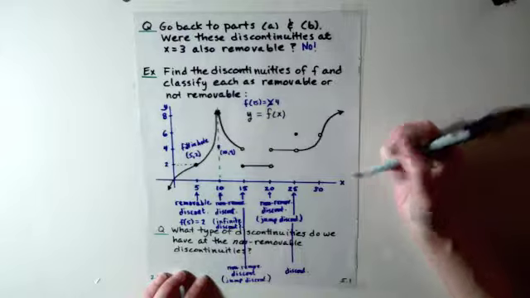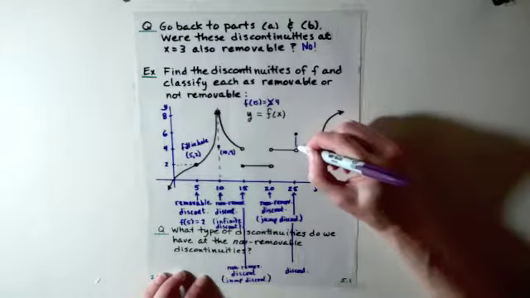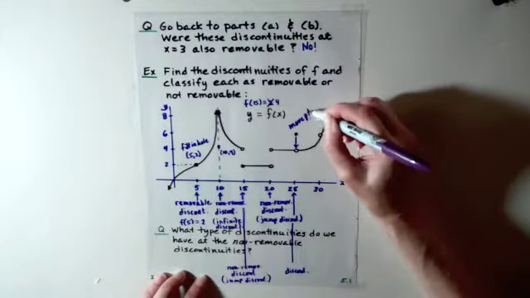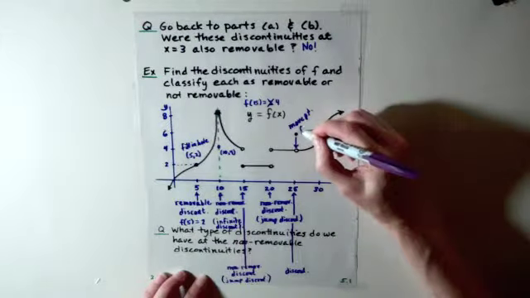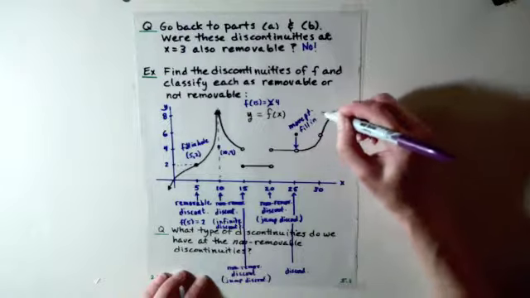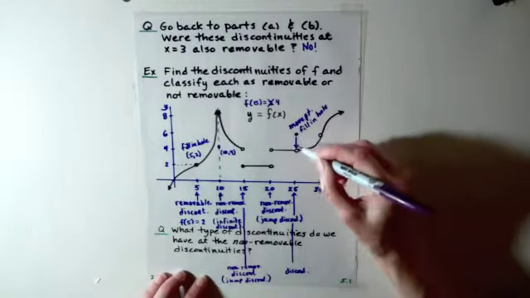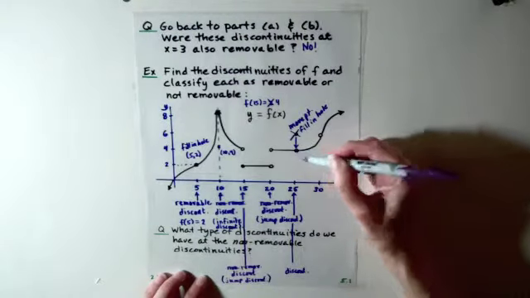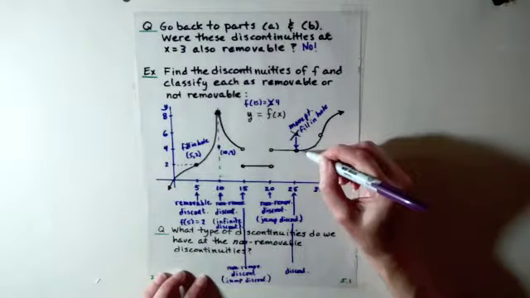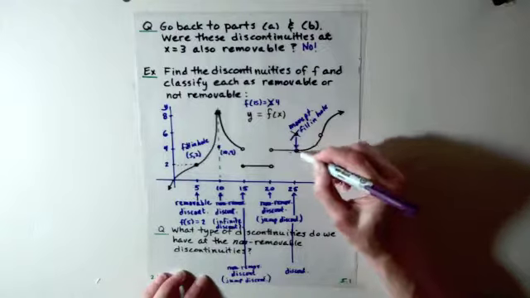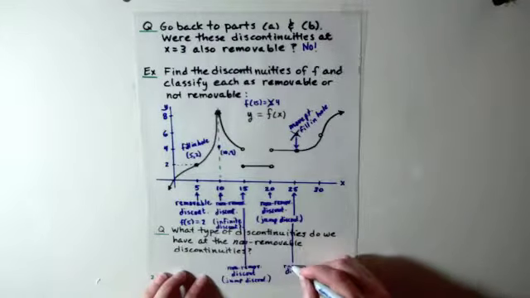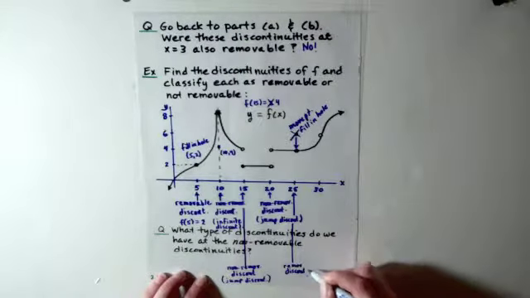Well, in this case I could. I could move this one dot down and it would fill in the hole. If I just moved this dot down, got rid of it here and put it right here, I would end up with something that is continuous. I could just draw the graph right through x equal 25 and not have to lift my pen off the paper. So this one is a removable discontinuity.